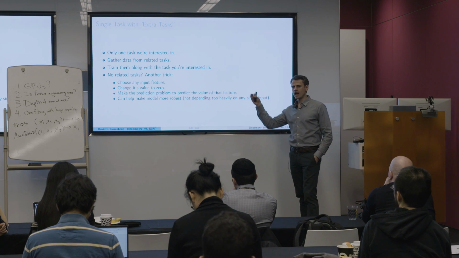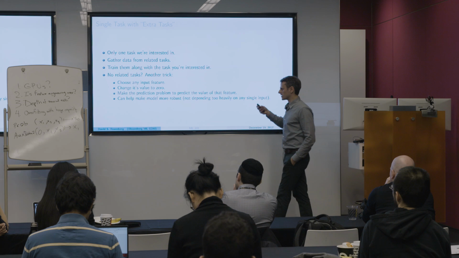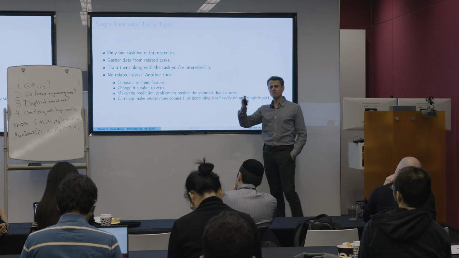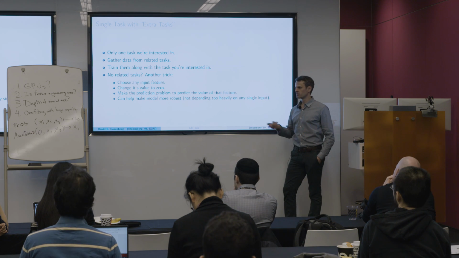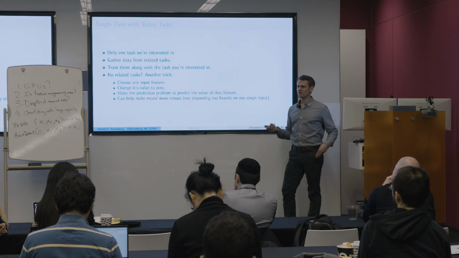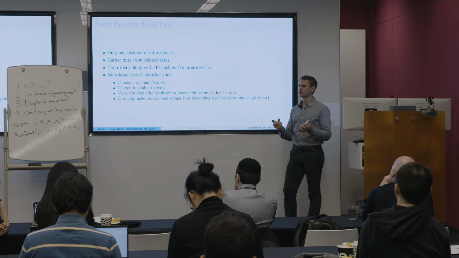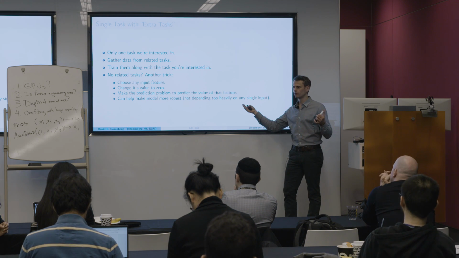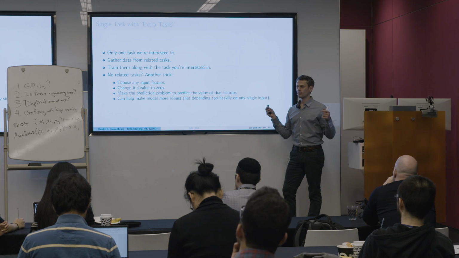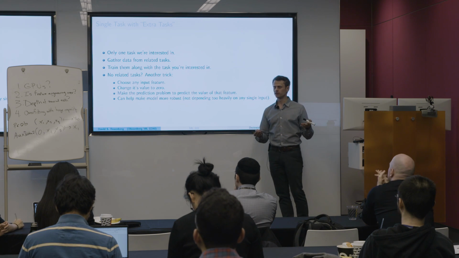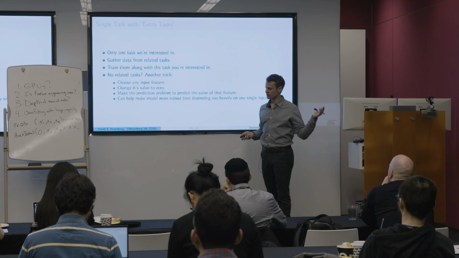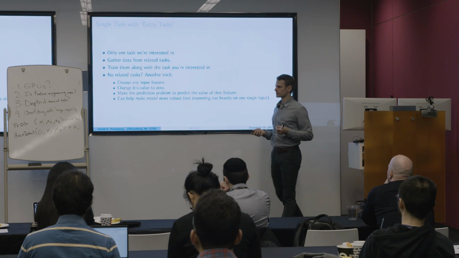The ultimate goal is that by adding these auxiliary problems or extra tasks, it will learn better hidden units, because the underlying hypothesis is that hidden units that are good for one problem are probably good for similar related problems. And by adding more problems, you're essentially adding more data, and more data will help you learn those common features.